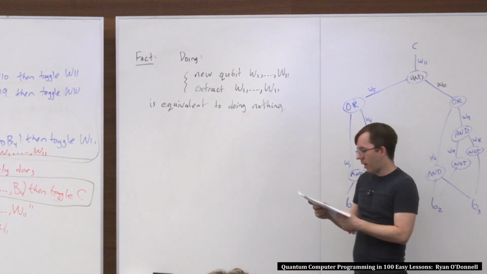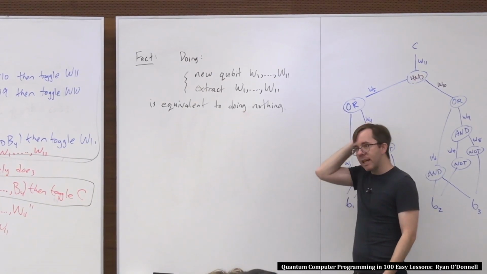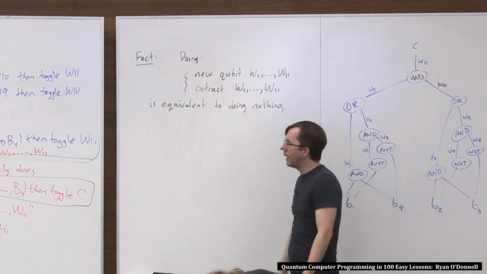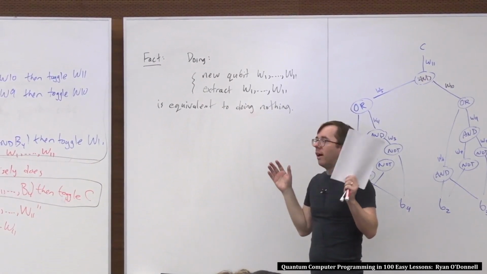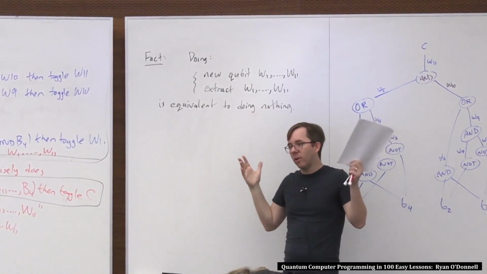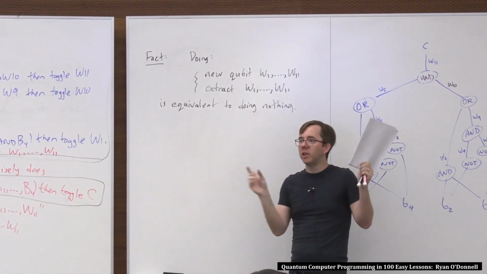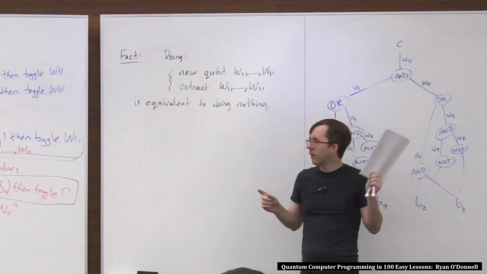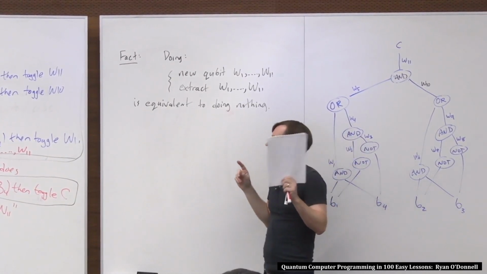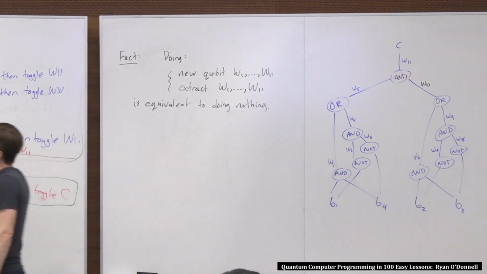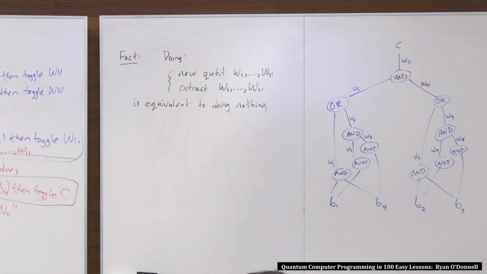Okay, so I therefore want to say that our main claim is complete. If you have classical Python code or whatever that computes a Boolean function with one output bit, then you can convert it to quantum code that computes it in this way: if f of b is 1, then toggle c.